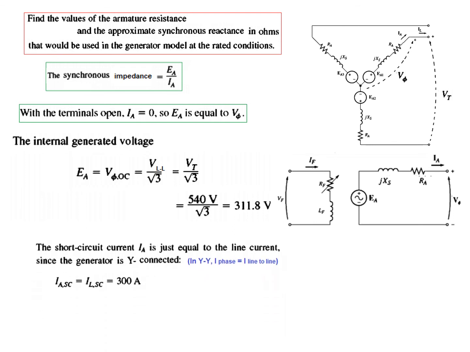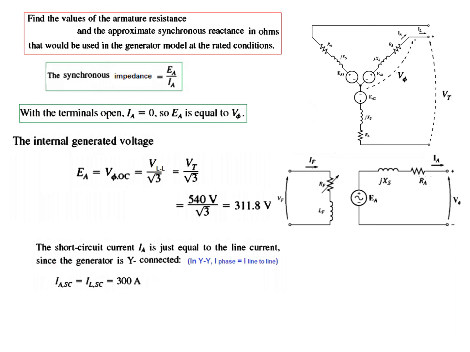And then it is given that the short circuit current IA is just equal to the line current. When we short circuited this, the current flowing through this is the armature current, which is actually the phase current, and in YY the phase current is the same as the line current.